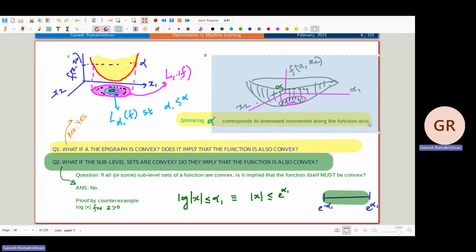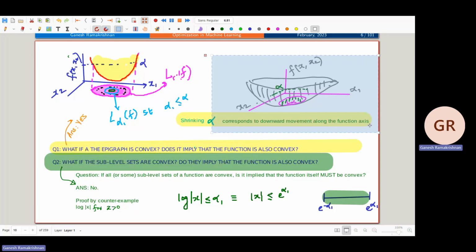It is basically the set of all points (x1, x2, z) in three dimensions such that f(x1, x2) is less than or equal to z. So all the points lying above the graph. Epigraph means every point lying above the curve.